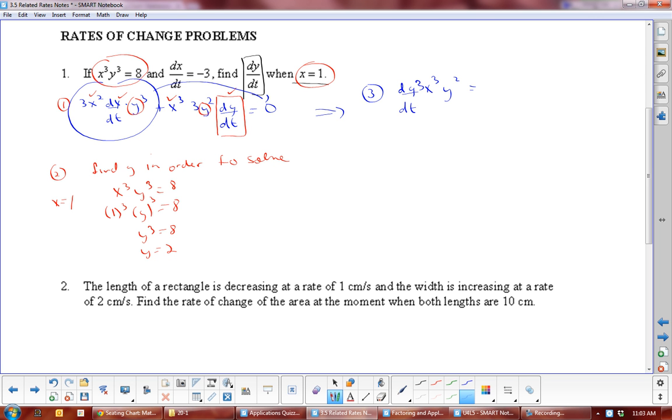So equal negative 3x squared y cubed dx dt.